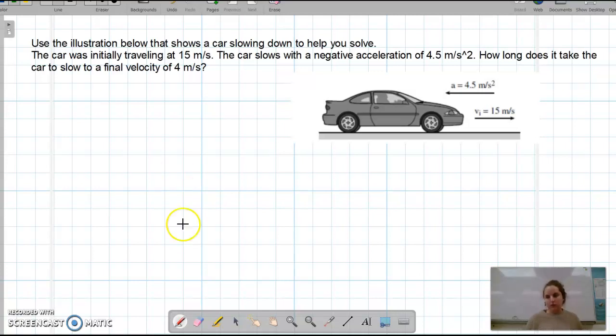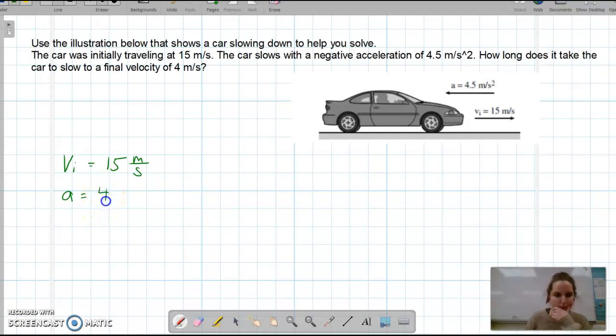Let's write down what we are given. We are given an initial velocity, so VI is equal to 15 meters per second. The car slows with a negative acceleration of 4.5 meters per second squared. Deceleration and acceleration, it's just a negative acceleration.